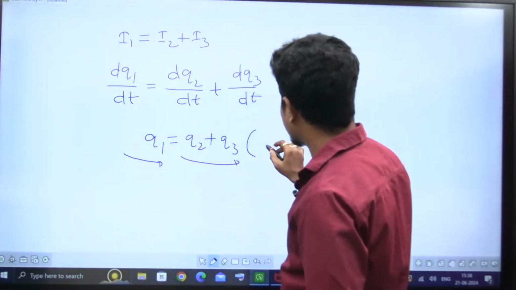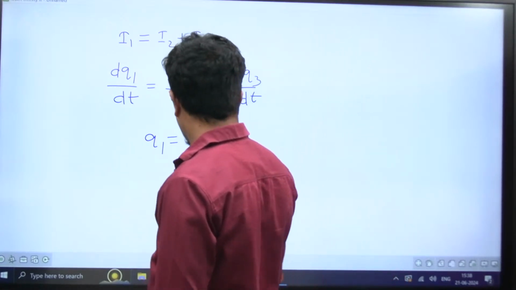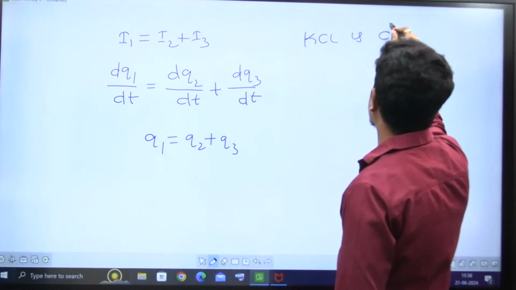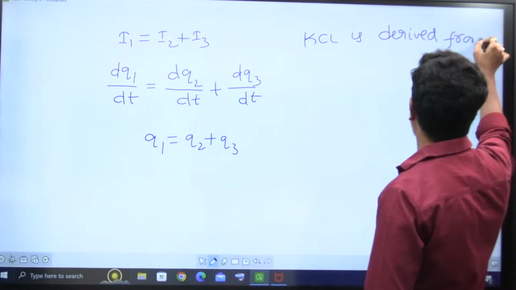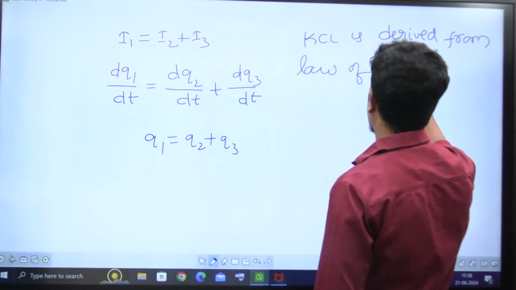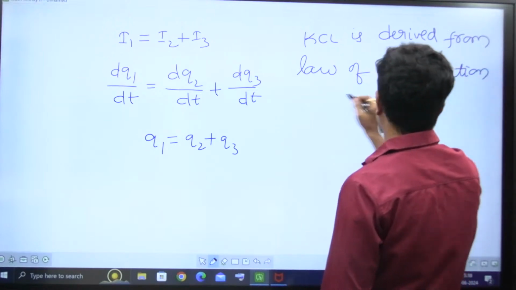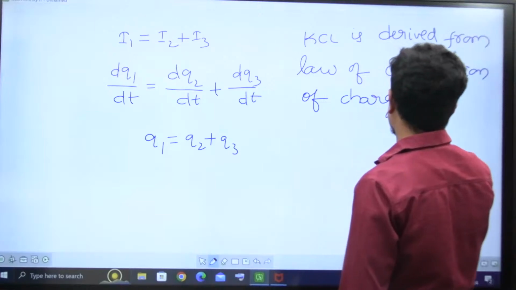It's not in your hand either to create or to destroy. So from this I can say KCL is derived from the law of conservation of charge.